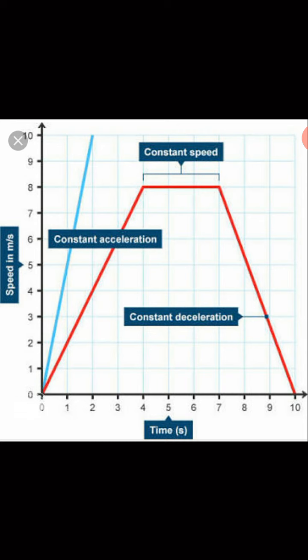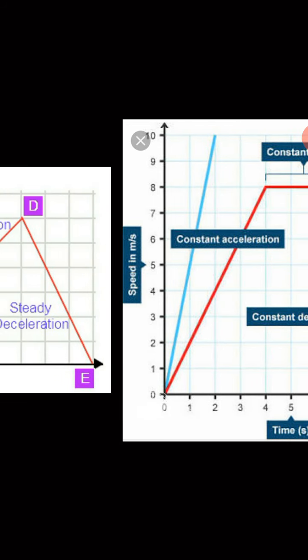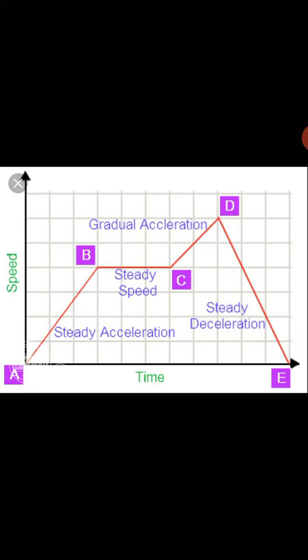If the line becomes flat as it is shown at the top part of the graph, then the speed is constant, and if the line comes downwards, then it is deceleration. There's another way of describing speed time graphs using some other words. So let us see what they are.